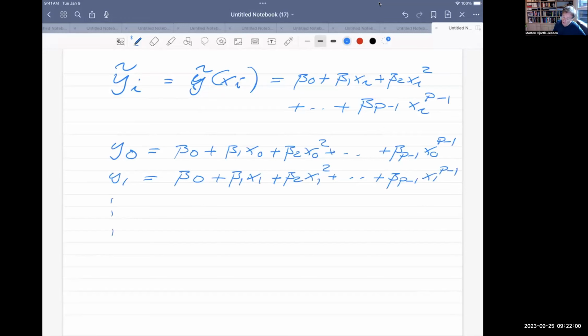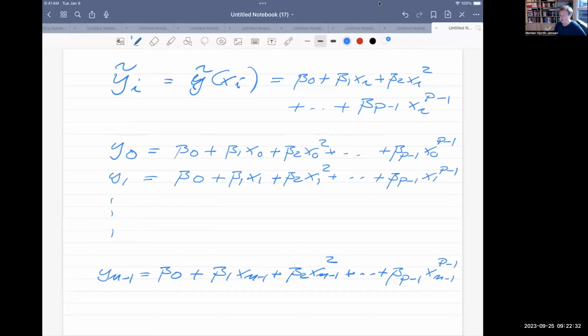And this goes all the way down to y of n minus 1, the final value which we have observed. Then we have beta 0, which represents the intercept, plus beta 1 times x of n minus 1, plus beta 2 times x of n minus 1 squared, and finally beta of p minus 1 times x of n minus 1 to the power of p minus 1.